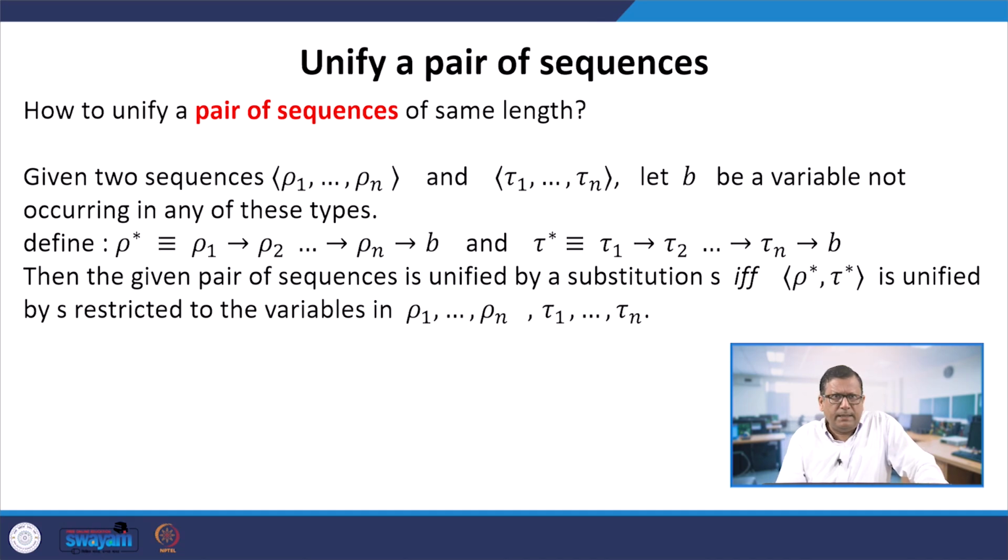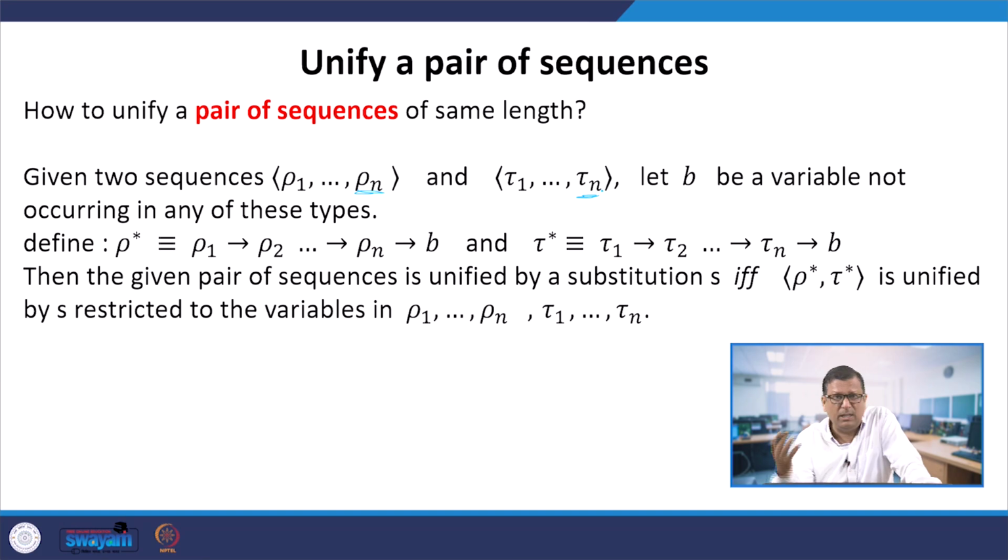Then we create a type rho star, which is rho 1 arrow rho 2 arrow all the way to rho n arrow b. So now it is one arrow type. Say n is 2, so it will be rho 1 arrow rho 2 arrow b, and similarly tau star will be tau 1 arrow tau 2 arrow b. They are of the same length. It has to be of the same length, otherwise unification will fail.